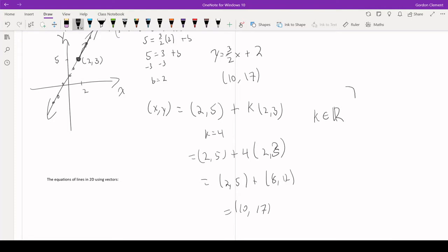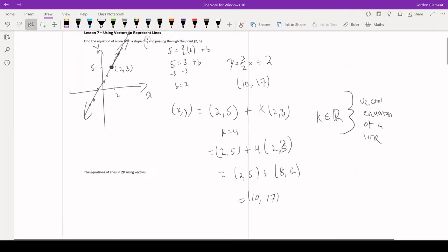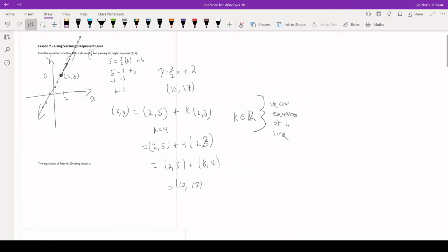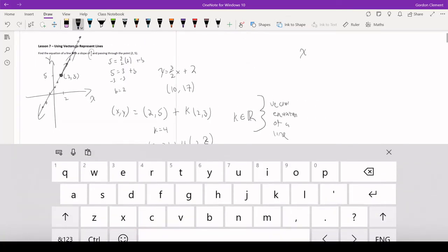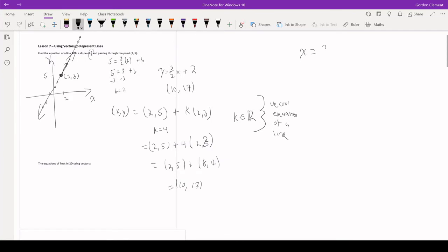What all of these things together is called is the vector equation of the line. We're going to turn this into 3 different ways to write this same equation. So that one's called the vector equation. The next type of equation using the same idea would be to make a separate equation out of each of the components.